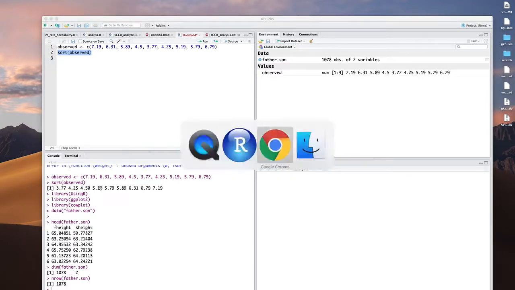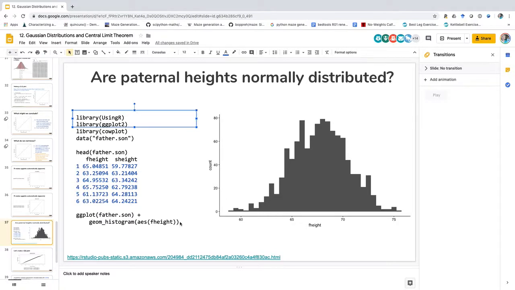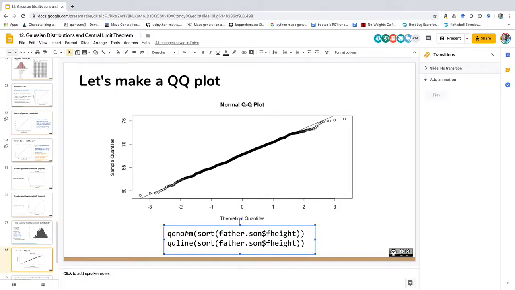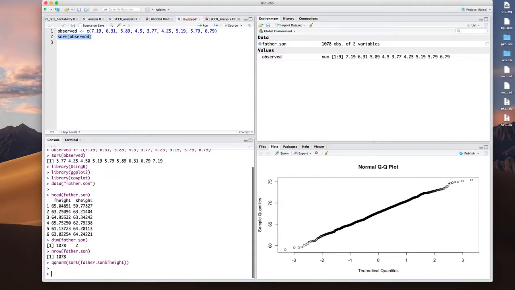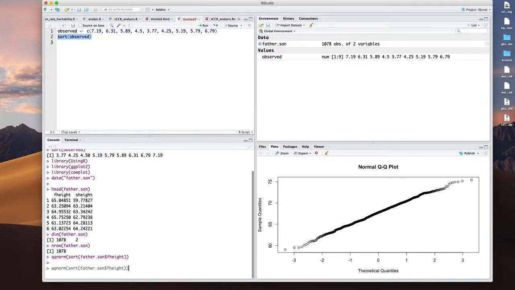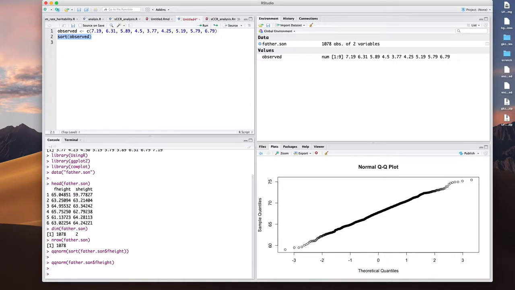So let me do that as well. Oh, whoops, wrong slide. I've sorted this. I actually wonder if you even have to sort it. I think it might be clever enough to just sort it behind the scenes. Yep, so you don't even have to sort it.